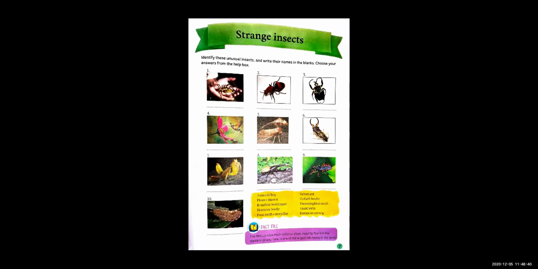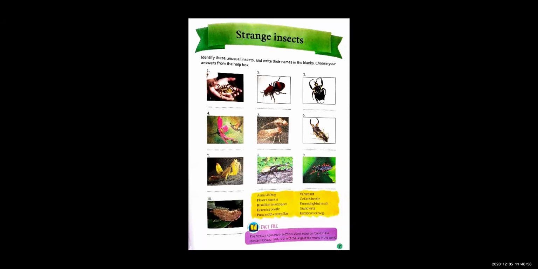This is 8th GK, page number 7. This is our chapter number 1, Strange Insects. In this, what you need to do is identify the unusual insects. We have never seen them, or might be we have seen them only in pictures, right?